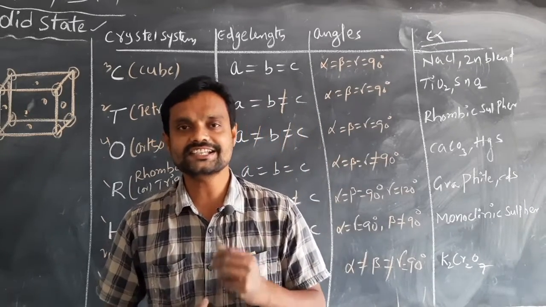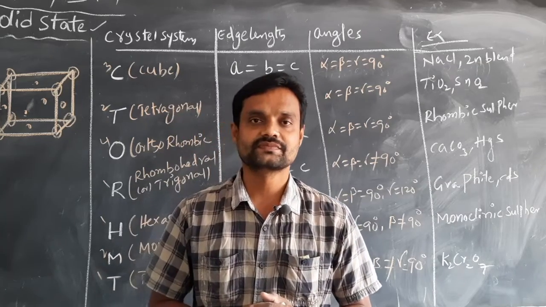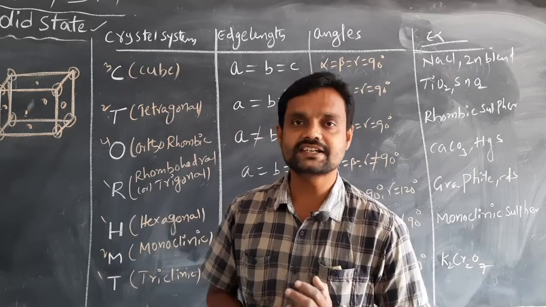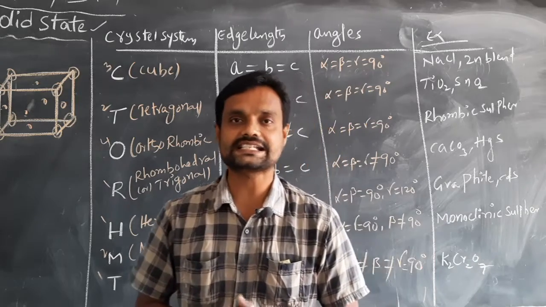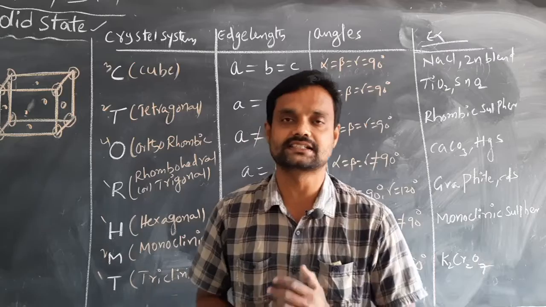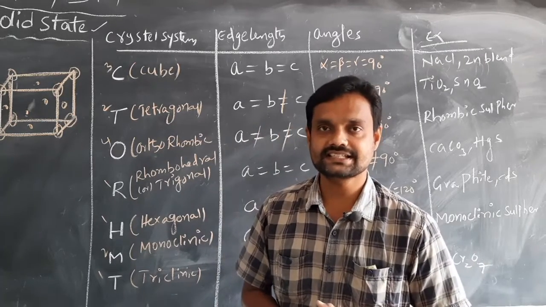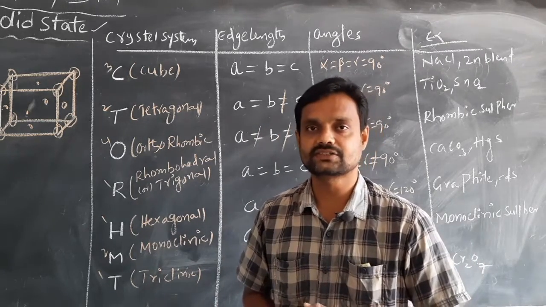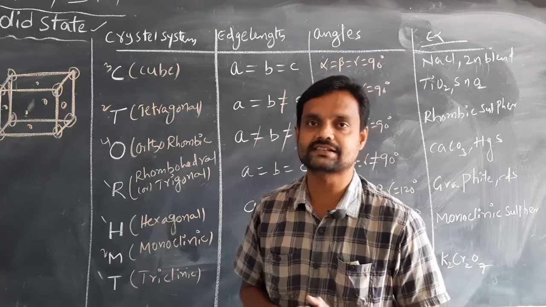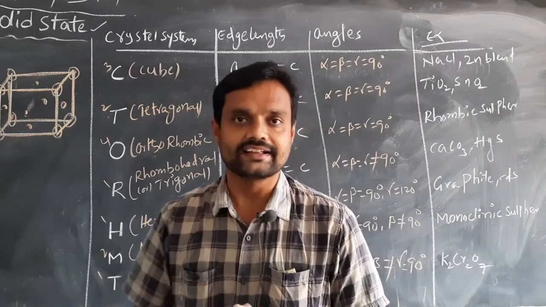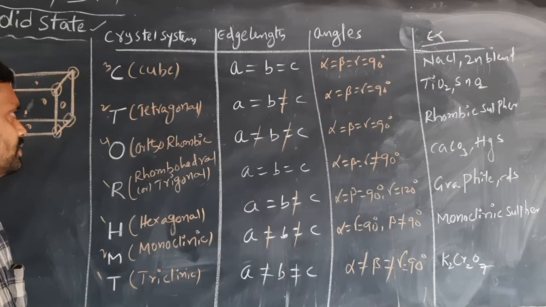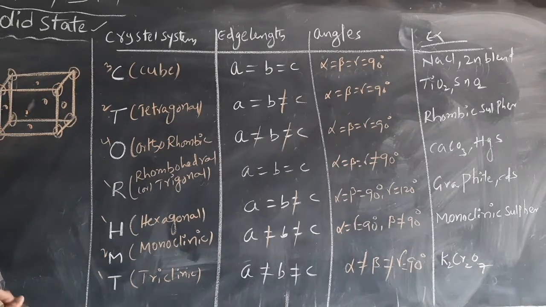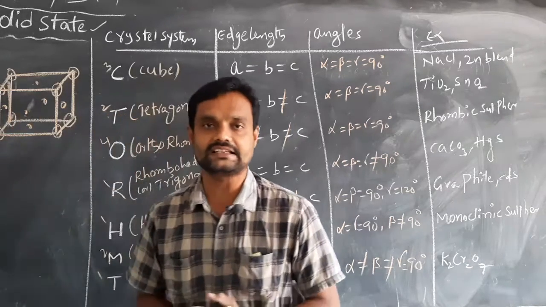When we change the parameters, a total of 7 crystal systems will exist. Those 7 crystal systems are: cube, tetragonal, orthorhombic, trigonal, hexagonal, monoclinic and triclinic.